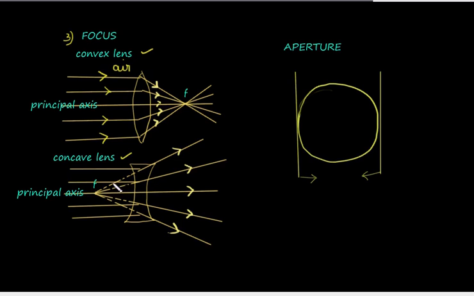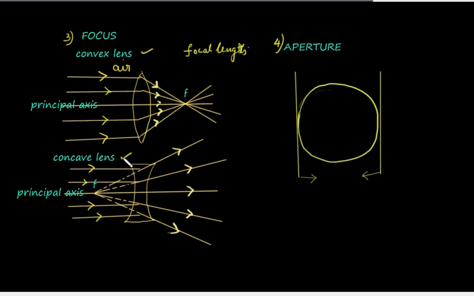Okay. What happens in the case of concave lens? In the case of concave lens, when a beam of light passing parallel to the principal axis strikes the concave lens, it undergoes refraction and seems to diverge from a point on the principal axis on the same side of the incident light. It is because these rays get diverged that concave lens is otherwise called divergent lens.